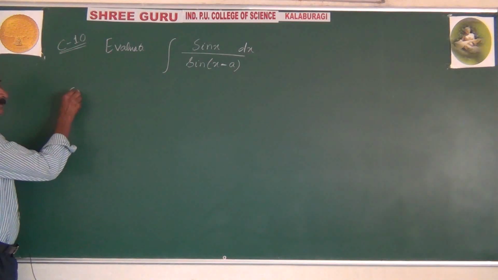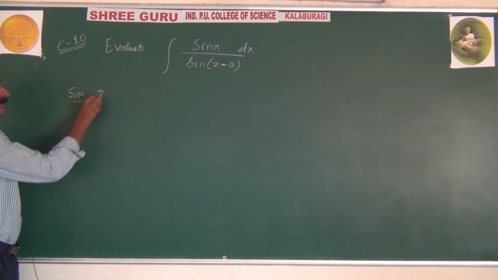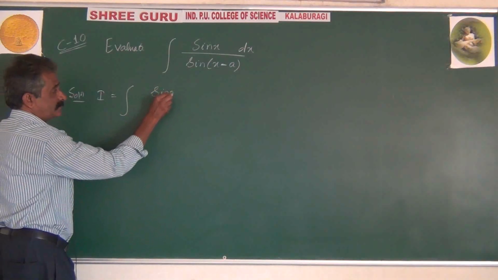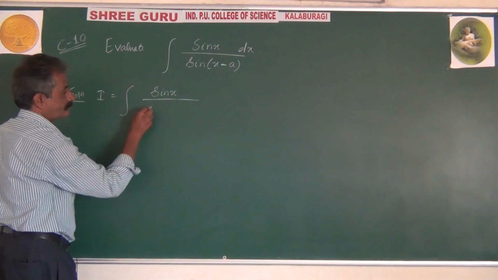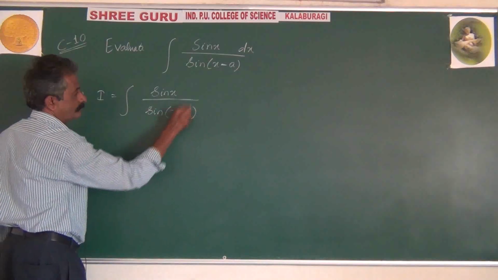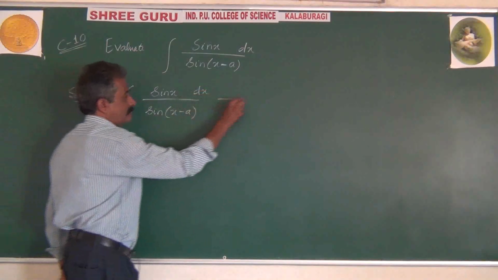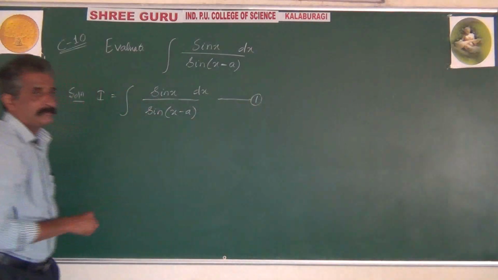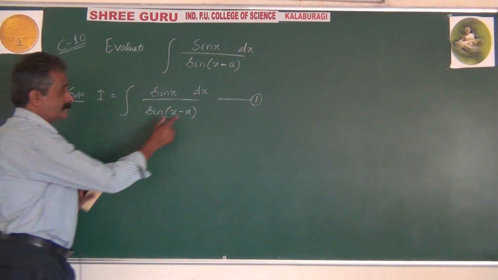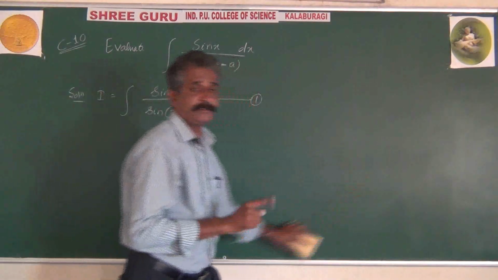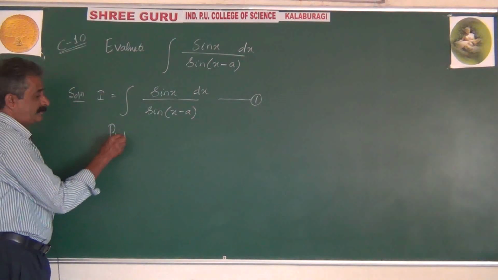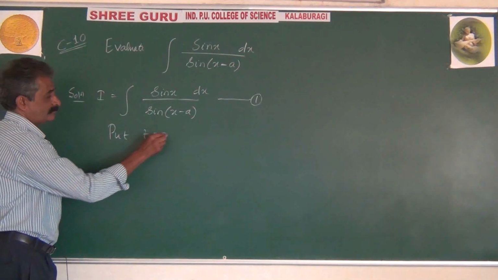Solution. First step, take I. Let I equal to integration of sin x divided by sin of x minus a. Call it 1. And in this problem, the ideal substitution is for x minus a. Put x minus a equal to t. Put t equal to x minus a.